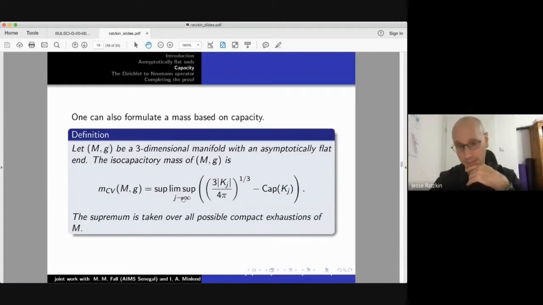And once I have that, I take the lim sup as j goes to infinity of this quantity. And this looks a little bit funny, but what I have inside these parentheses would be 0 in the Euclidean case if my K_j's were a sequence of concentric balls. Actually, this quantity in here is 0 for a ball.